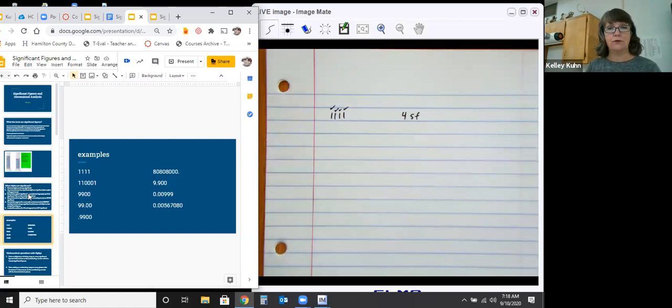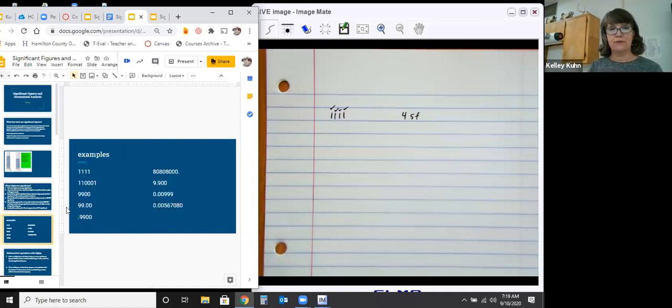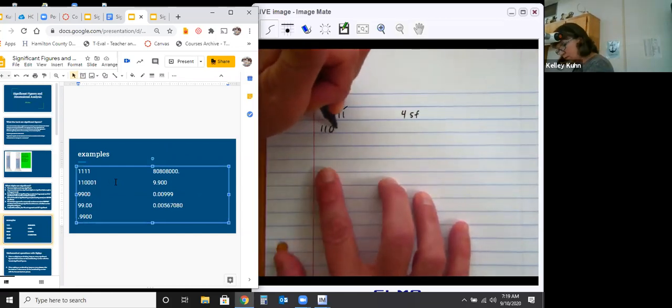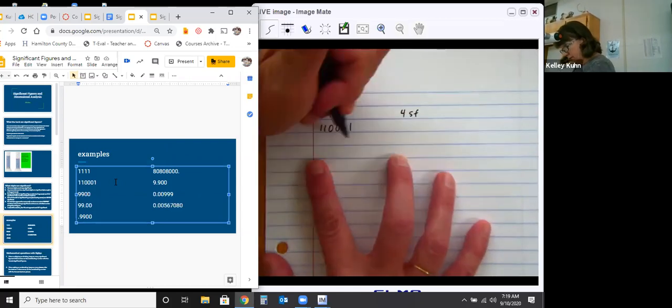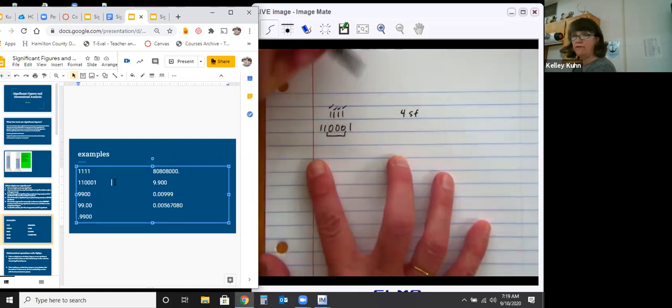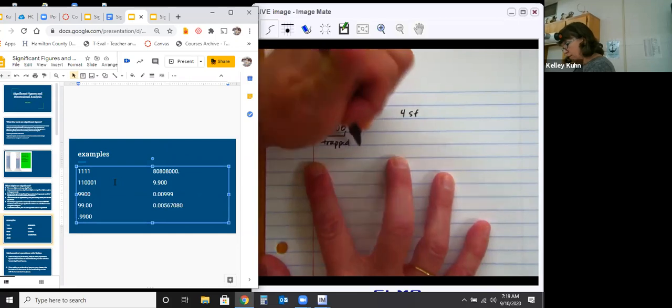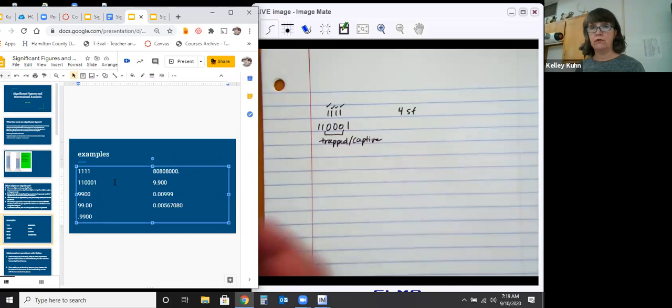The second rule says any zeros between 2 significant digits are significant. Looking back at our examples, you can see we also have this number. These zeros are often called trapped or captive. What we mean by that is they're trapped between 2 numbers that aren't 0.